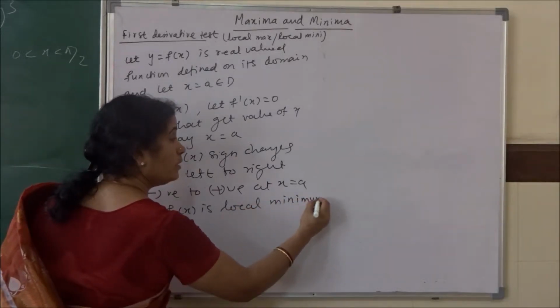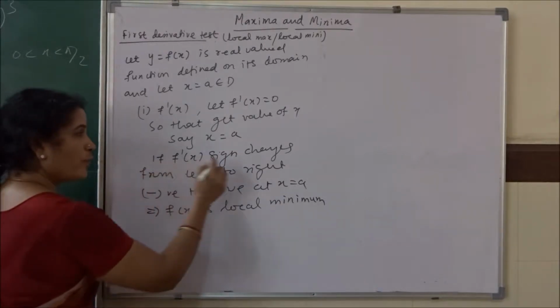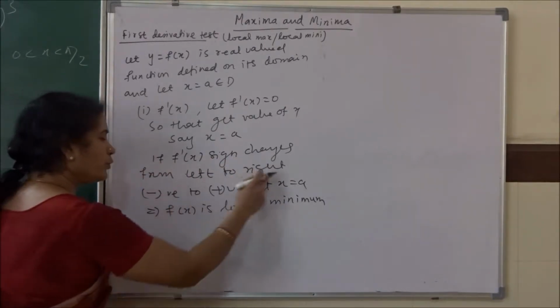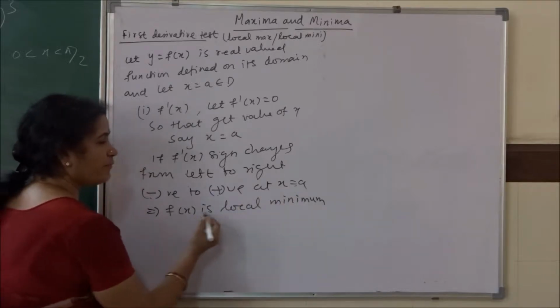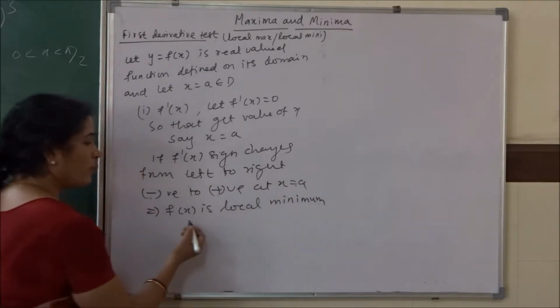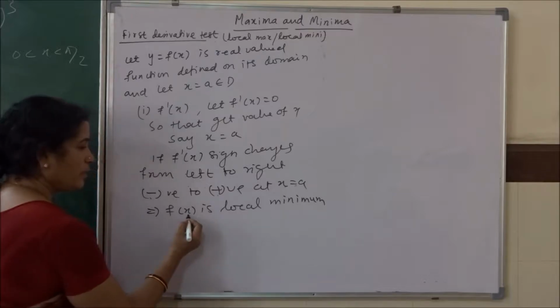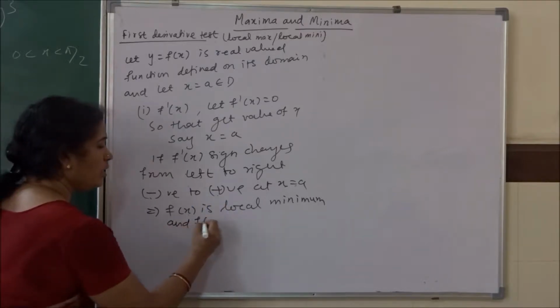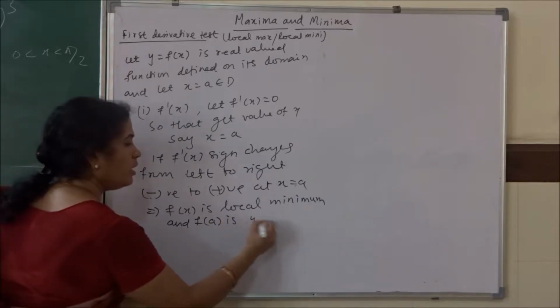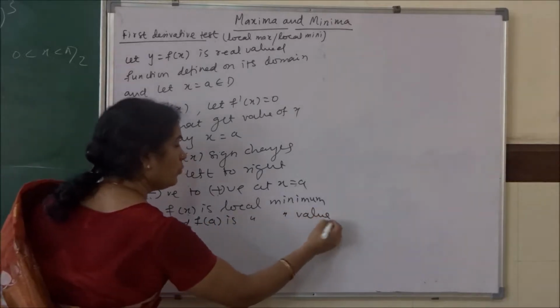Clear to you what I am saying? Then we replace x by a, and f of a is the local minimum value. Clear to you?